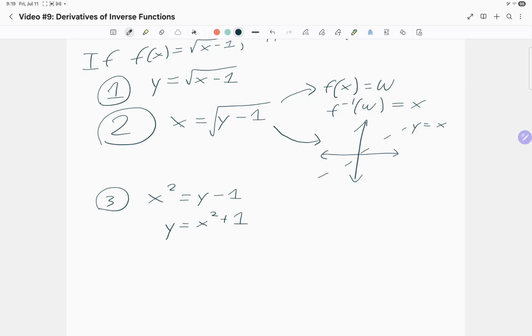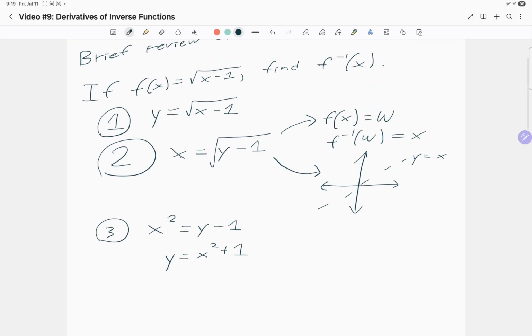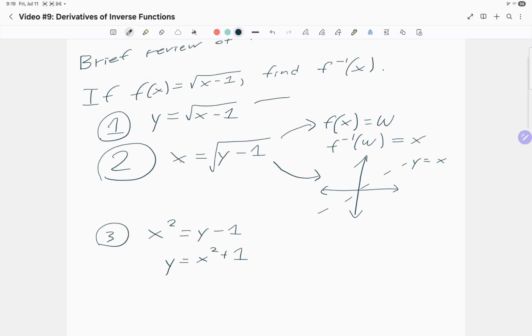But notice here that our domain only accounts for x's greater than or equal to 1, because that was what was in our starting example. We had x could only be greater than or equal to 1 because of the radical.